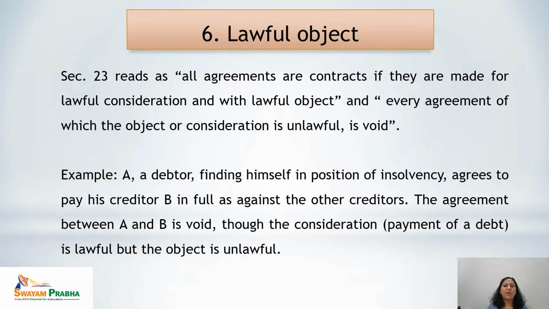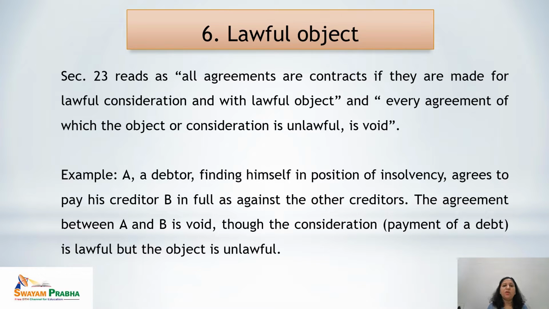This is the 6th point for the essentials of a valid contract, that is lawful object. First of all, what is the lawful object? Section 23 of Indian Contract Act 1872 says that all agreements are contracts if they are made for lawful consideration and with lawful object, and every agreement of which the object or consideration is unlawful is void.